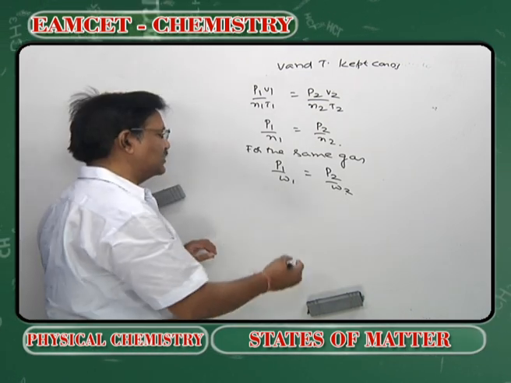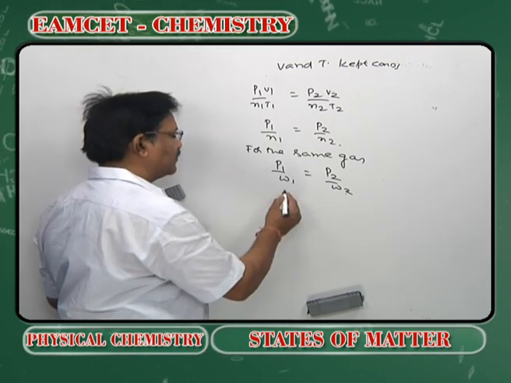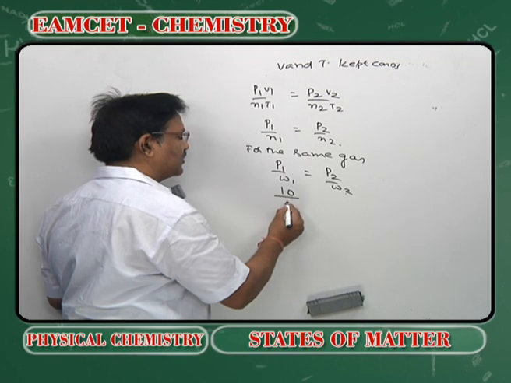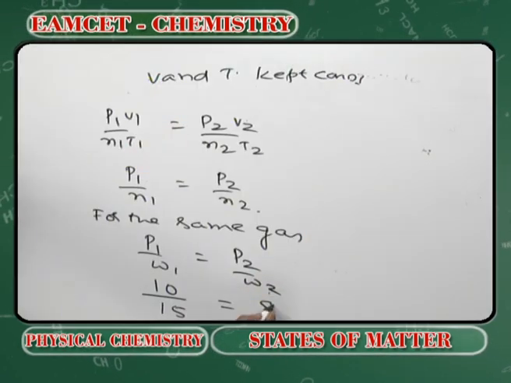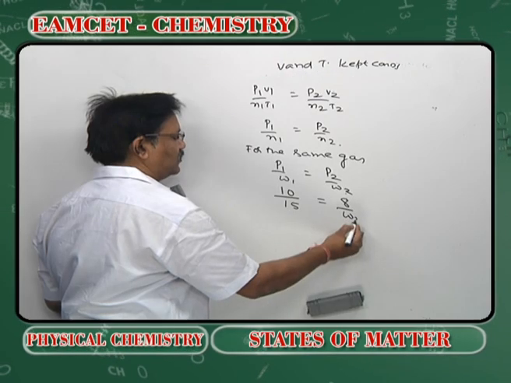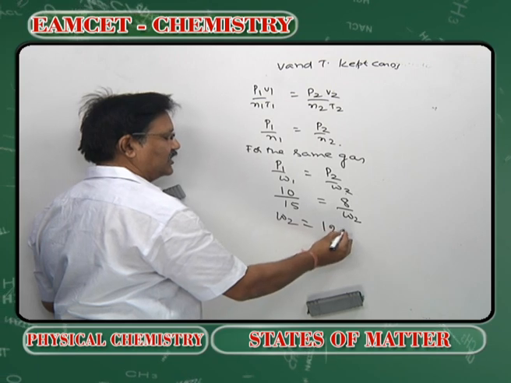So 15 kgs initially, what is the pressure? 10 atmospheres pressure. And initially what is the weight? 15 kg. What is the final pressure? 8. Solving, W2 will be equal to 12 kg.